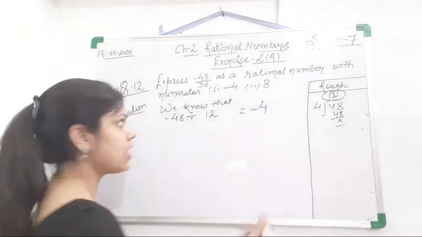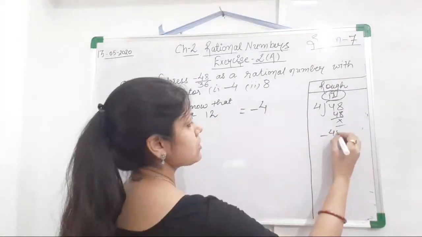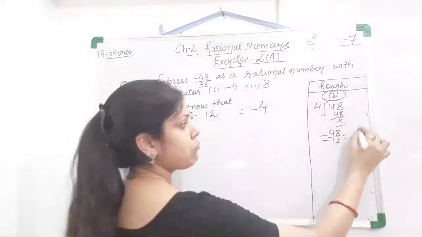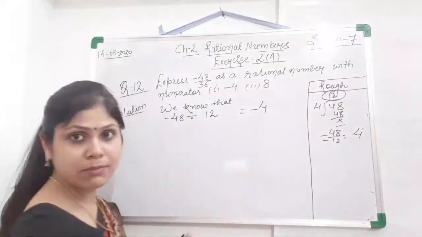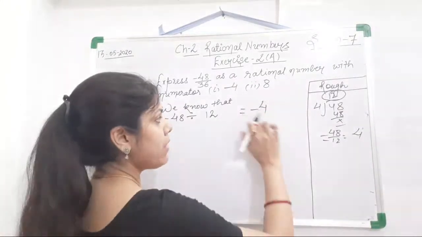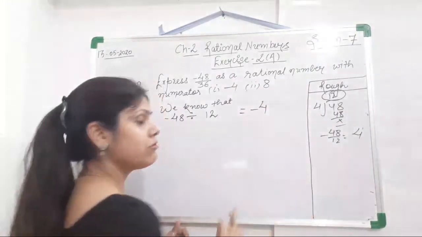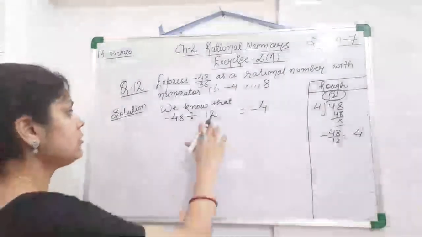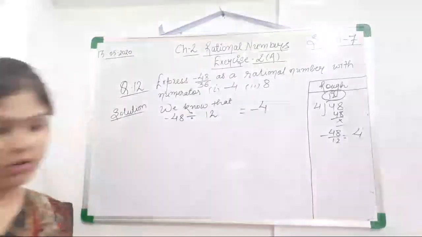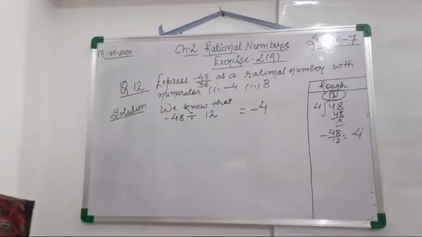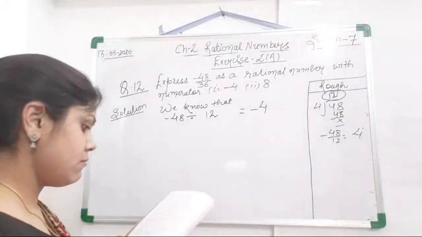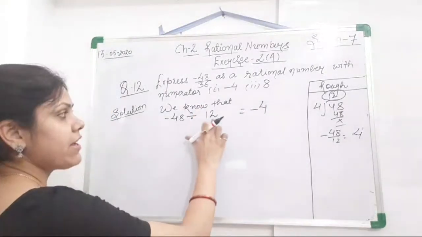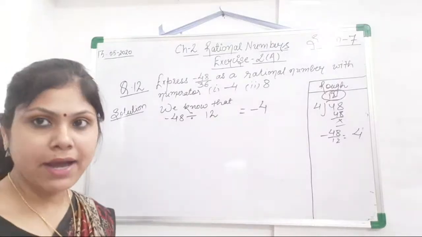If you can't, you can use the rough column. If you write minus 12 here, you will get positive 4, and your answer will be wrong. Because you want minus 4, you have to divide by plus 12. Clear? 12 fours are 48. So we know that minus 48 divided by 12 will be equal to minus 4.